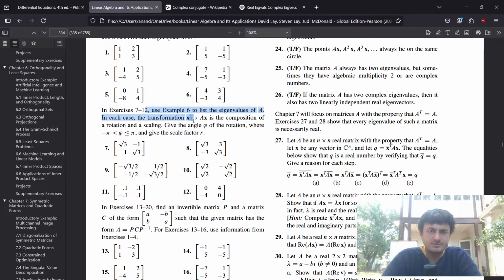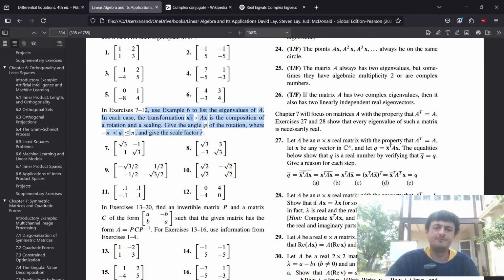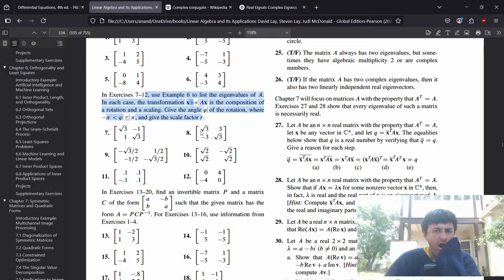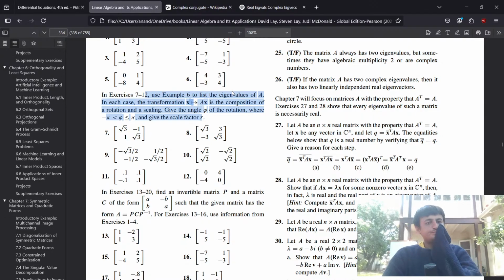In 7 through 12, use example 6 to list the eigenvalues of A. In each case, the transformation... I want to do a couple of these just to hammer it home.